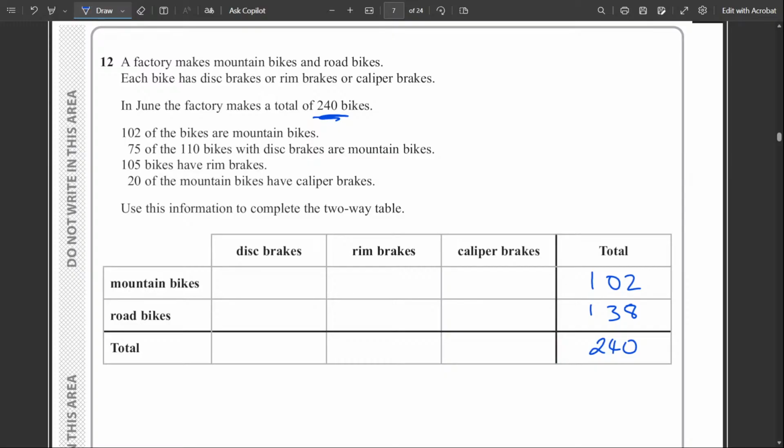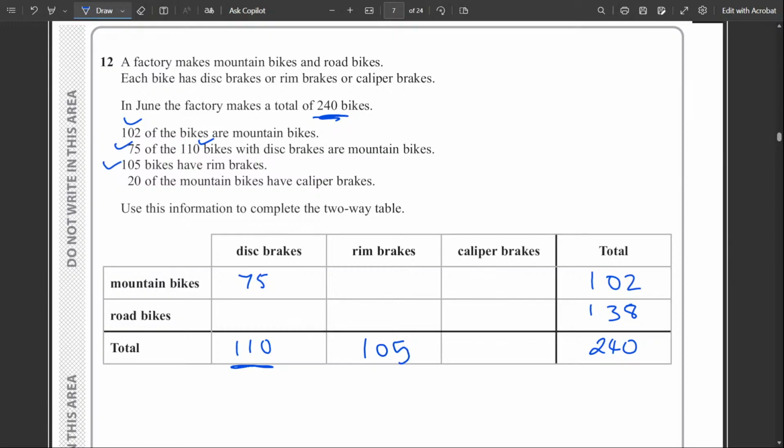75 of the 110 bikes with disc brakes are mountain bikes. So 75 are mountain bikes, and the total with disc brakes is 110. Okay, so we used that in the right places. 105 bikes have rim brakes, so that's 105 altogether.